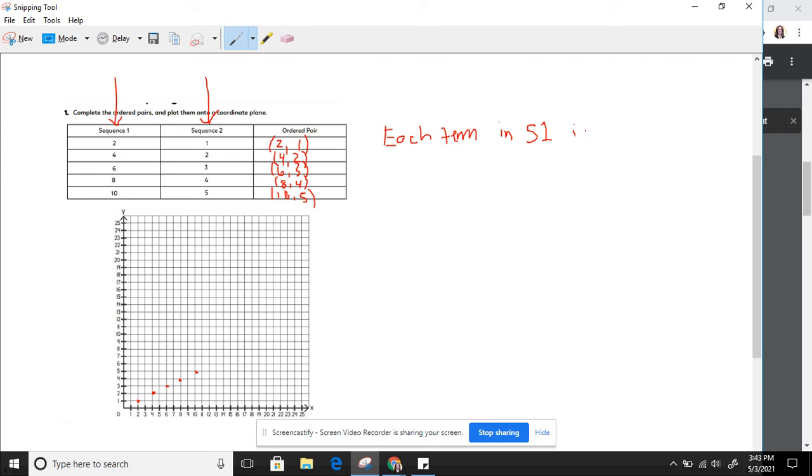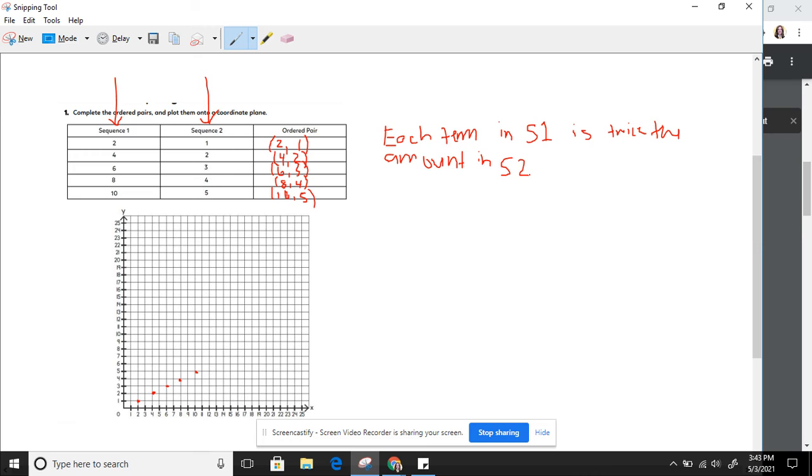So each term in sequence 1 is twice the amount in sequence 2.